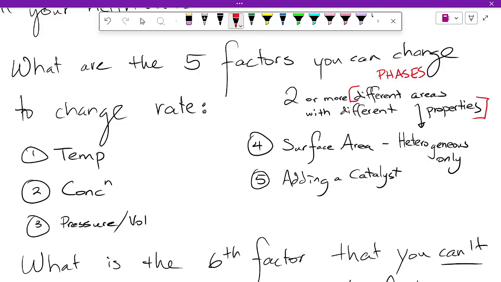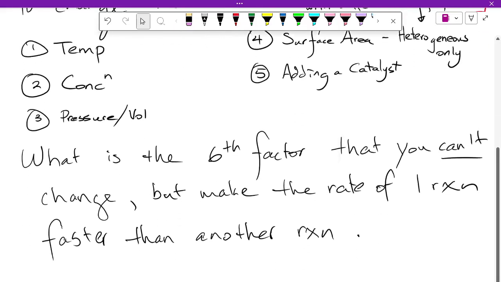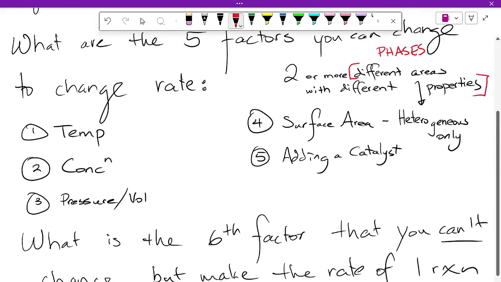Most of the time when you have a heterogeneous reaction, it's going to be between something and a solid. However, you could have a reaction where you have a gas that reacts with something that is in solution. So you could have gas plus aqueous.